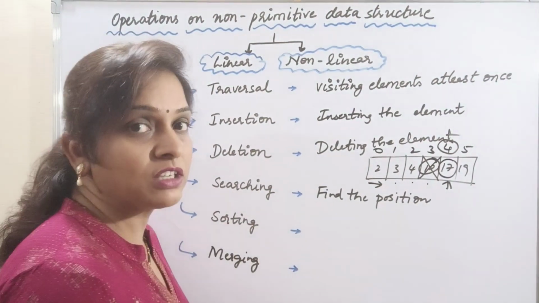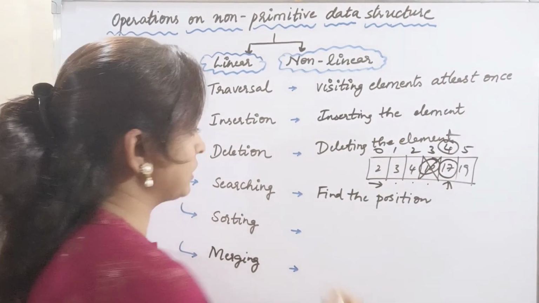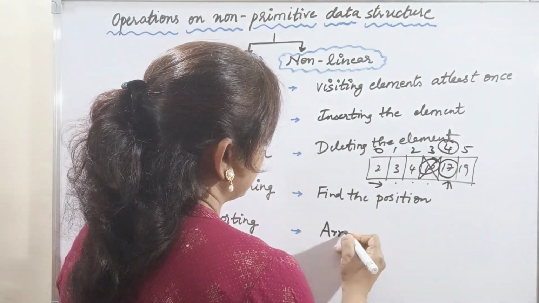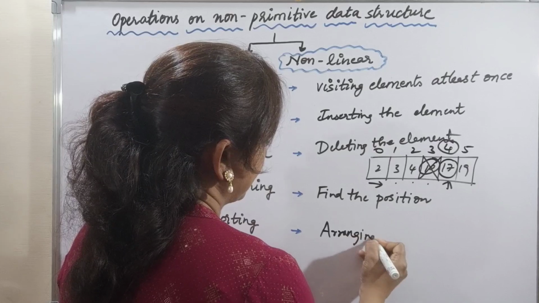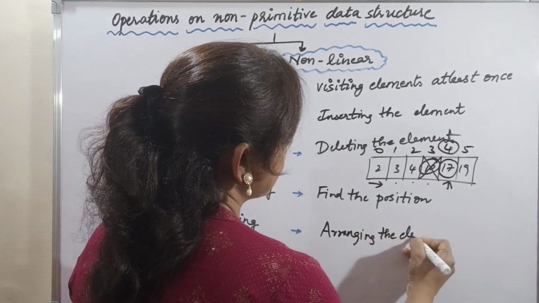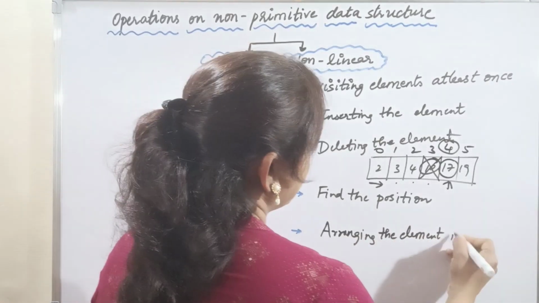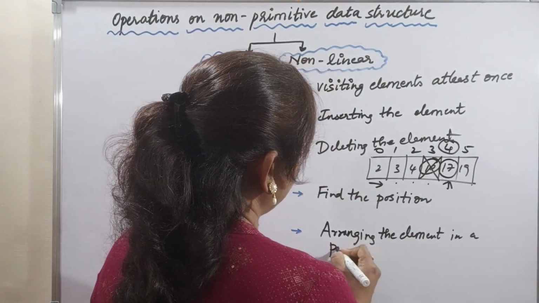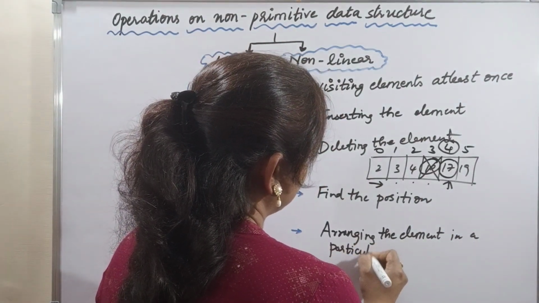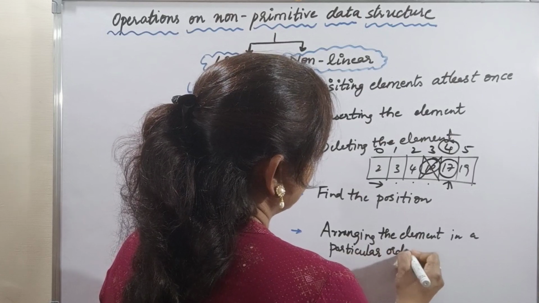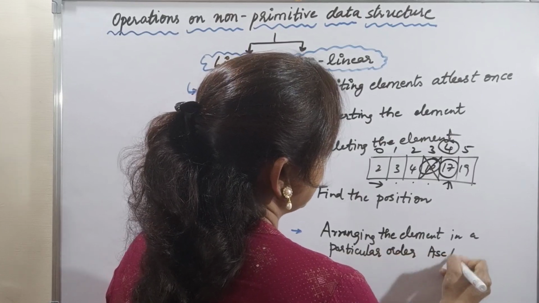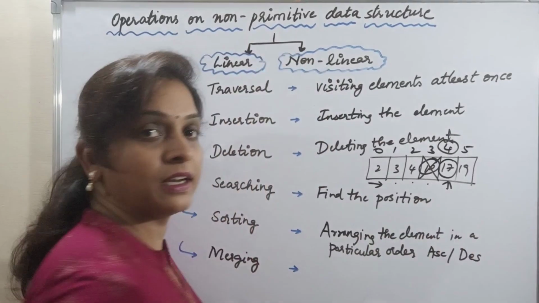Then sorting. Sorting means, as you all know, arranging the elements in a particular order. It may be ascending or descending.